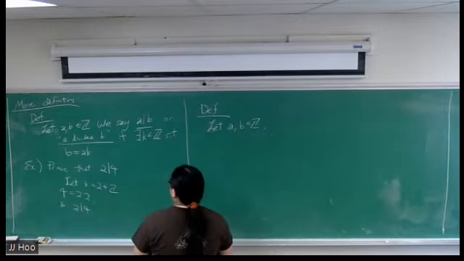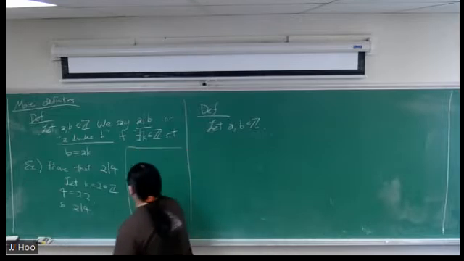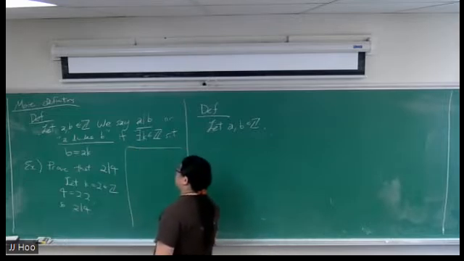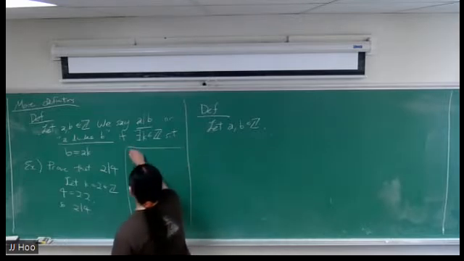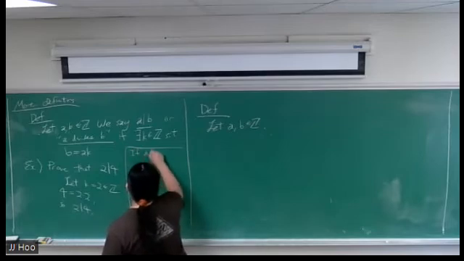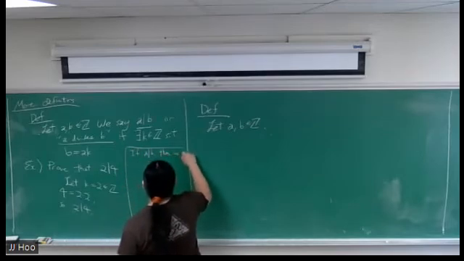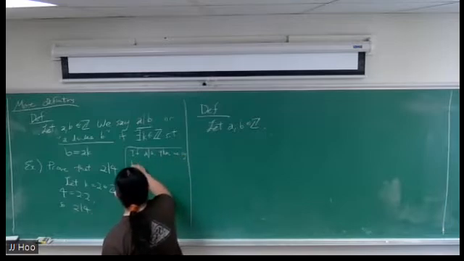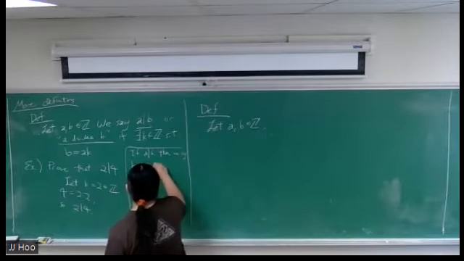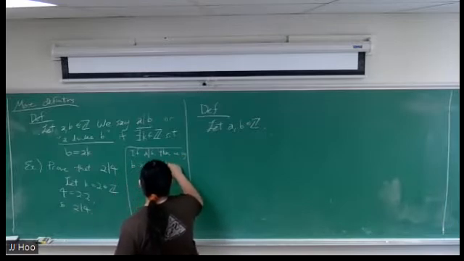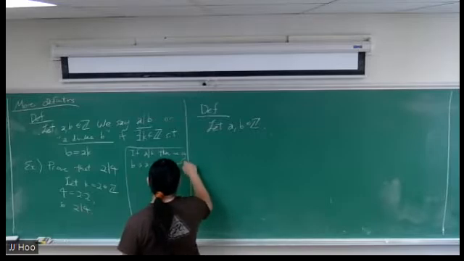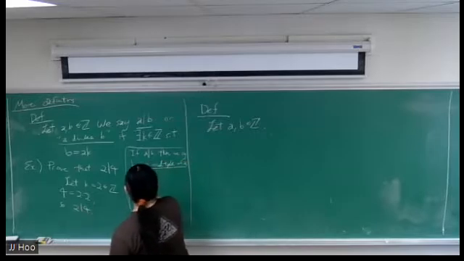I guess I should include a couple other pieces of terminology here. If A divides B, then we say B is a multiple of A, or A is a divisor.